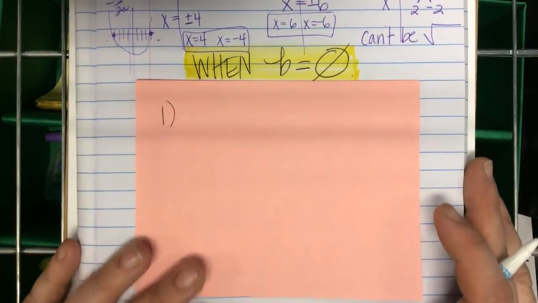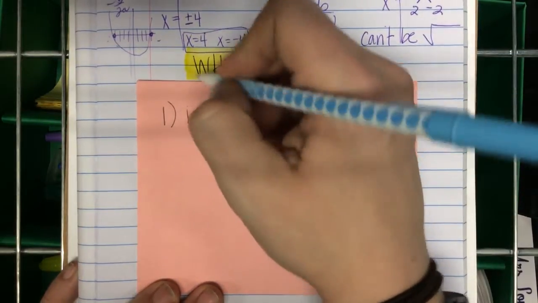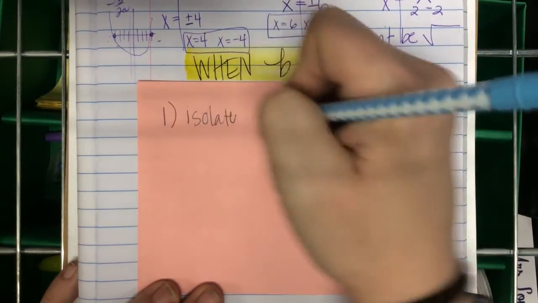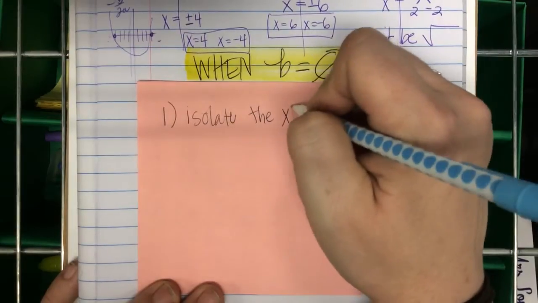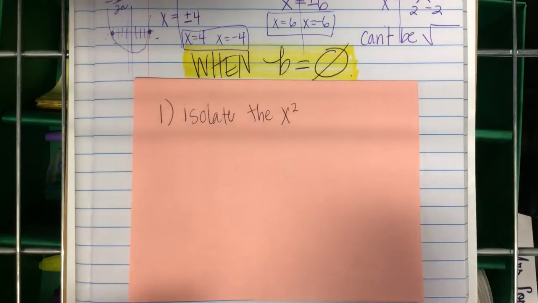Step 1, when b equals 0, we're going to isolate the x squared. Isolate the x squared. What does that mean to isolate the x squared? What does isolate mean, Katie? Yeah, to get it alone, right?